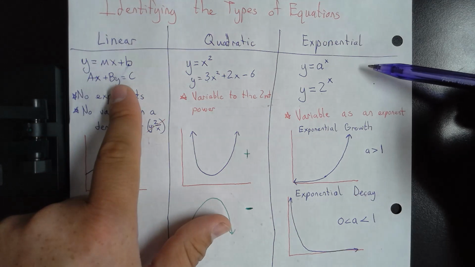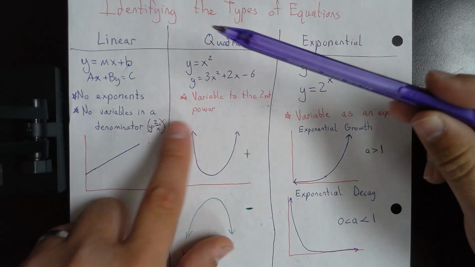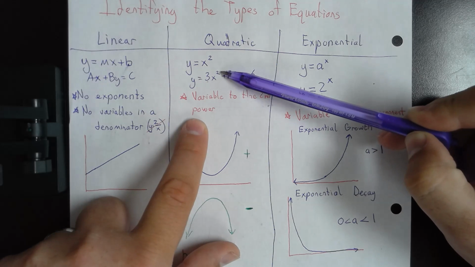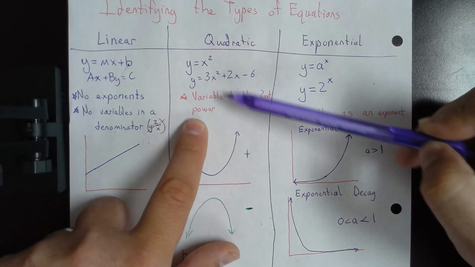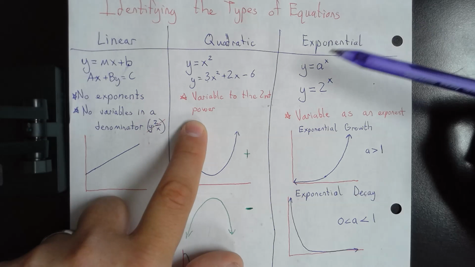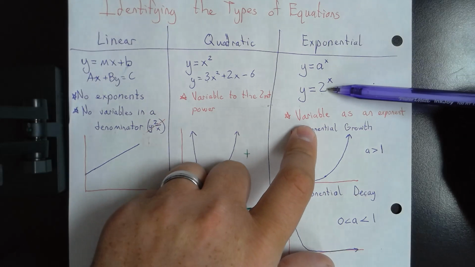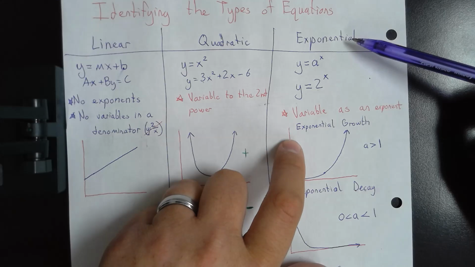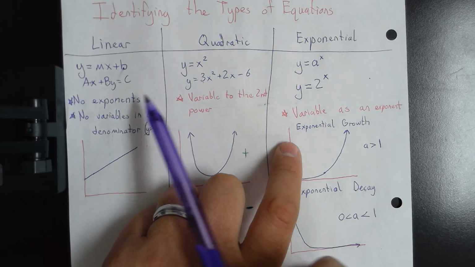Okay. If there's a variable to the second power, that is our quadratics. Finally, if there is a variable as an exponent, those are our exponentials.